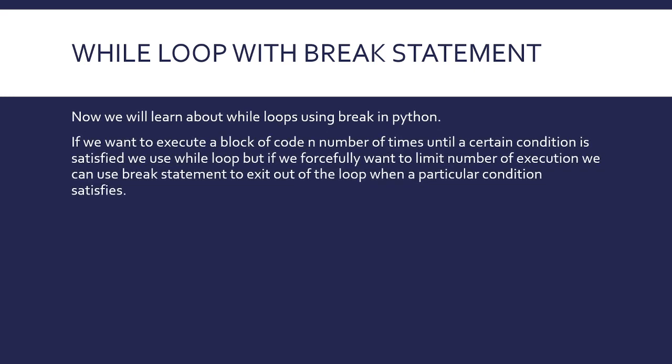What we are doing is running a block of code n number of times in a while loop, but if at a certain point we want to come out of the while loop, we have no other option apart from using the break statement. This break statement will exit out of the loop whenever a particular condition is satisfied. So let's see an example.